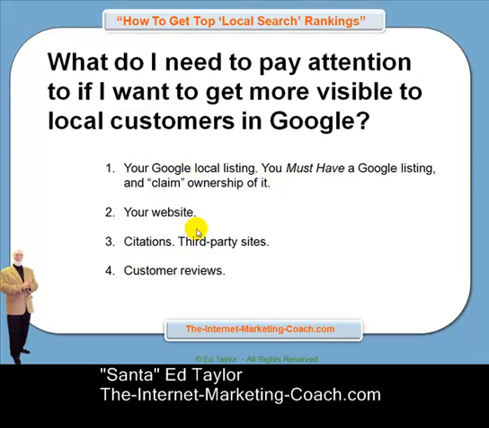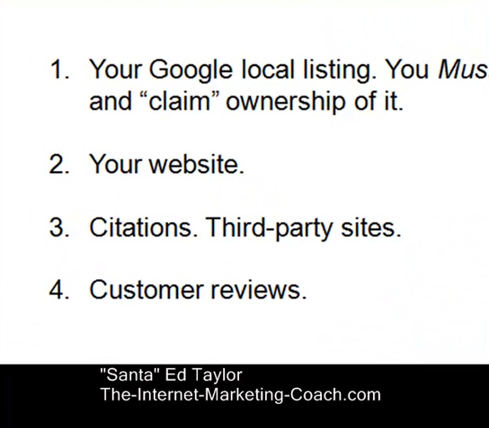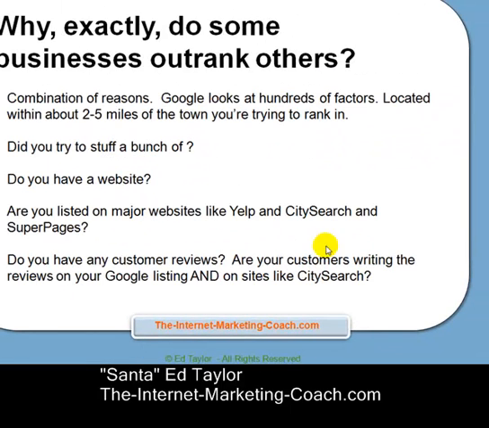It might be a Chamber of Commerce site, a newspaper site, City Search, or some other kind of website, but you want to have these other places out there that have your website listed on them. And fourthly, you want to have customer reviews. And of course, people can do a review in Google Plus Local and Google Local, or they can do reviews on Yelp and different review sites. But having those reviews is a definite plus for you.